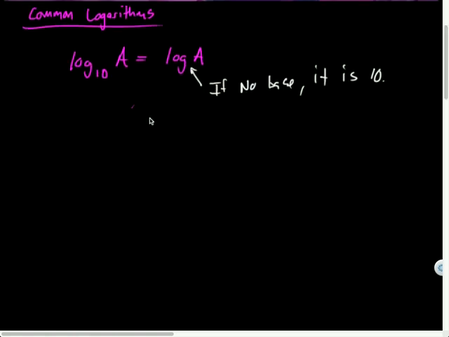So let's compare and evaluate some of these. Here's an example. So if log of 1.2 is equal to 0.079-ish, all right, let's find the following.